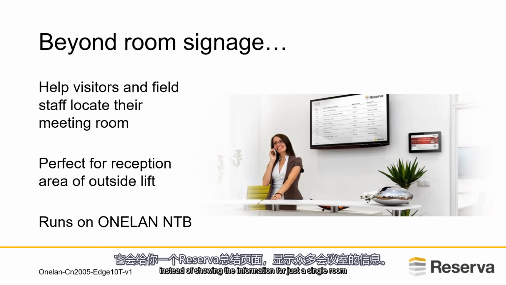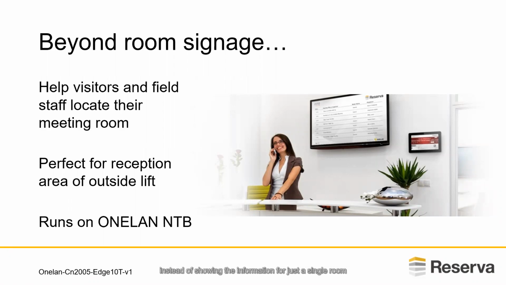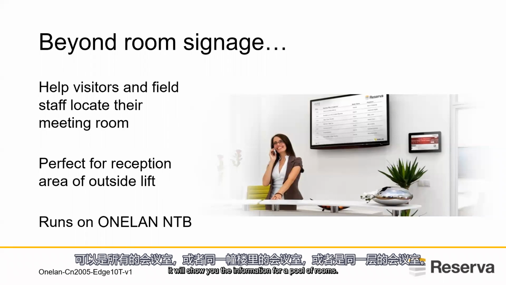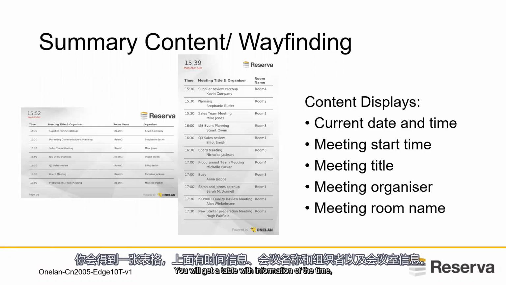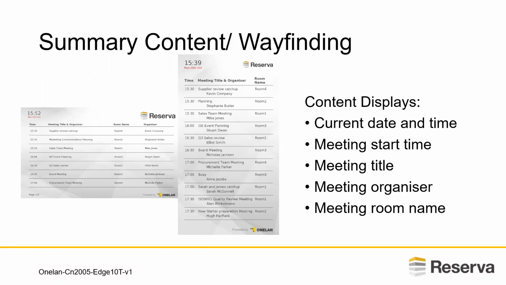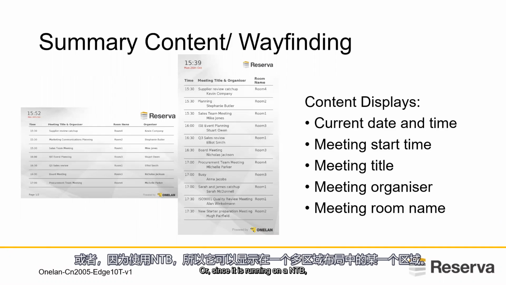Instead of showing the information for just a single room, it will show you the information for a pool of rooms, maybe all of your rooms, or the rooms in that building, or the rooms on that floor. You will get a table with the information of the time, the meeting title and organizer, and the information of the room. You can put this as a full screen, or since it is running on an NTB, it can be one zone in a multi-zone arrangement.